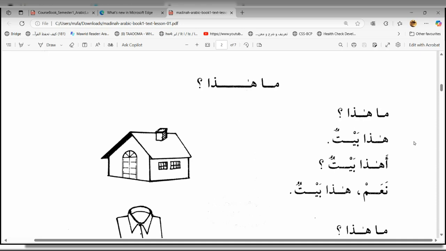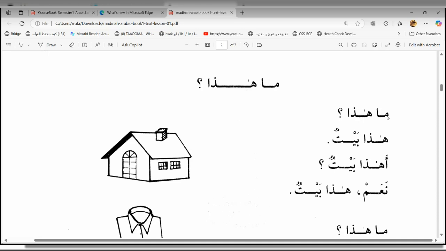What's the difference between, so ma hadha means what is this? Ma means what. Hadha means this. If you want to translate this, it will be what is this.